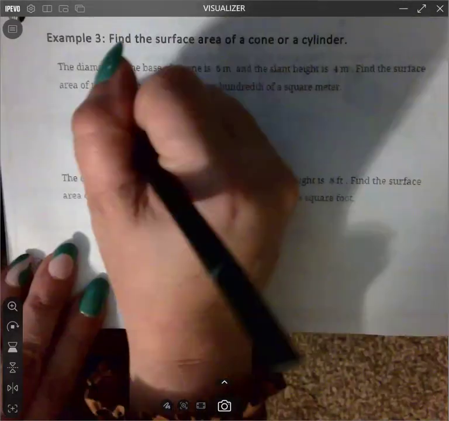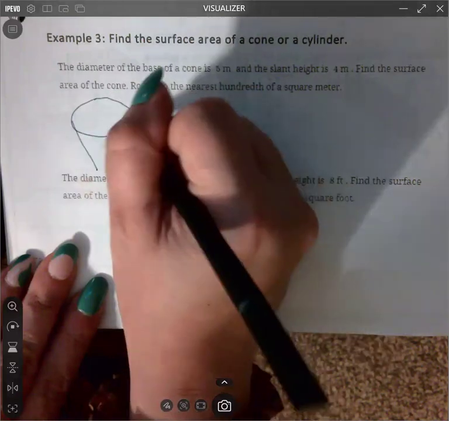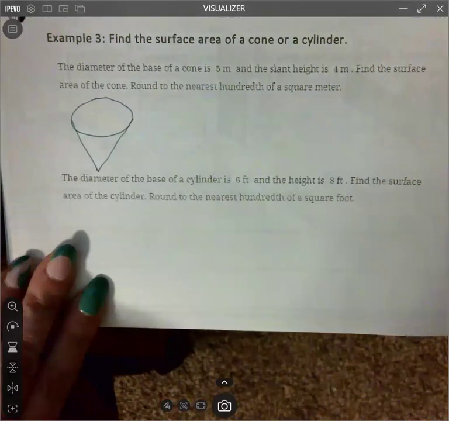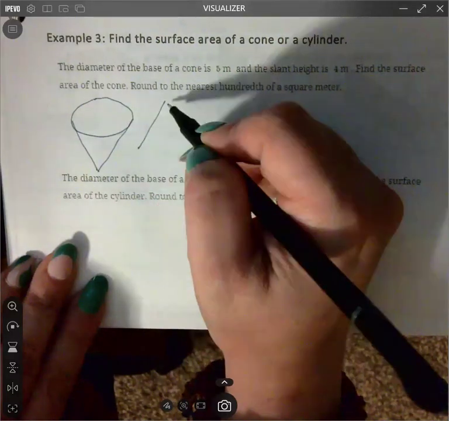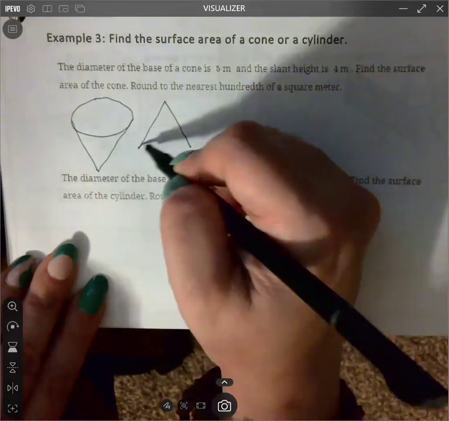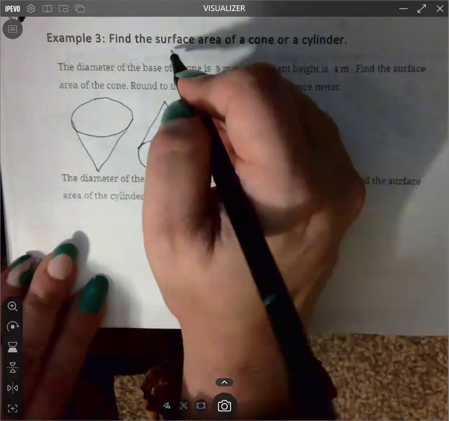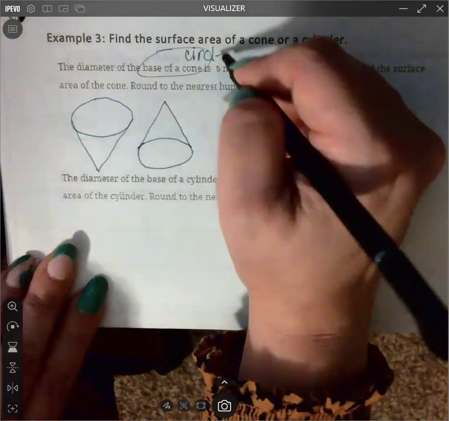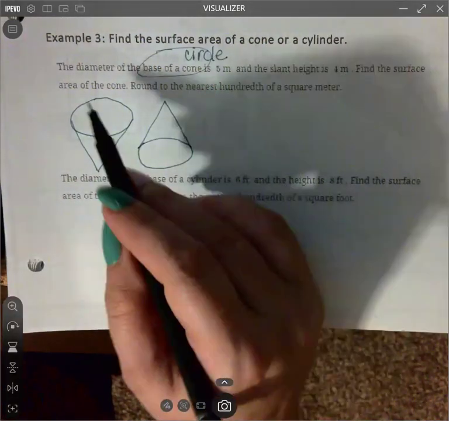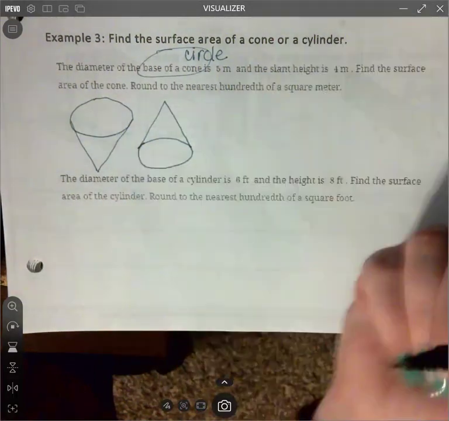Well, first thing I'm going to do is draw in my cone picture. And whether you want to draw it up like that or like this, the base of a cone is going to be the circle part. So if you care whether it's on the top or bottom, draw either picture.